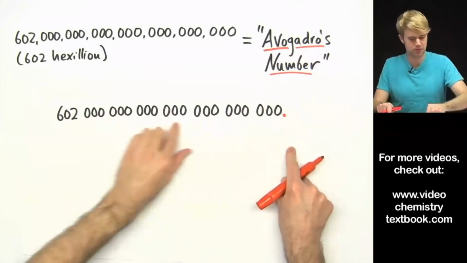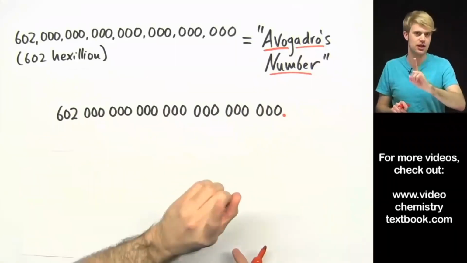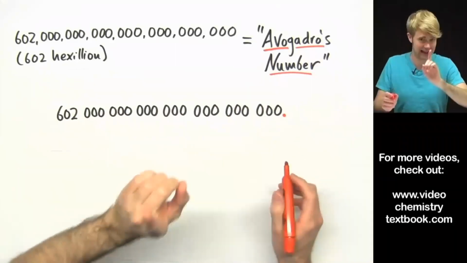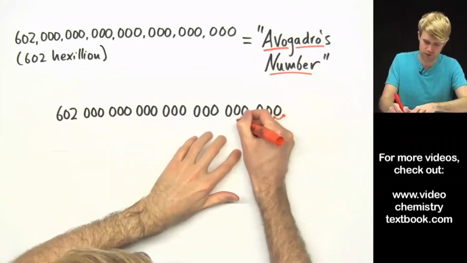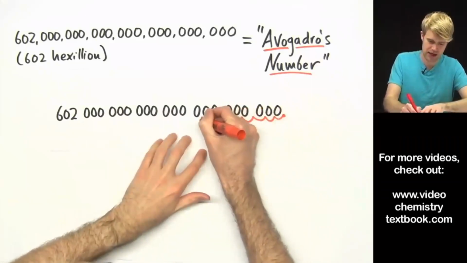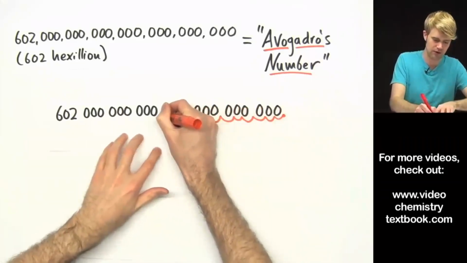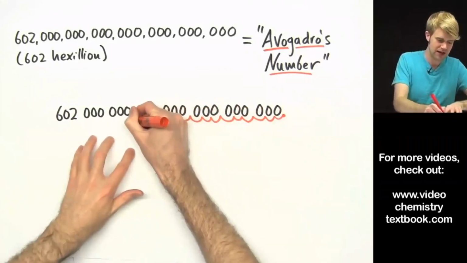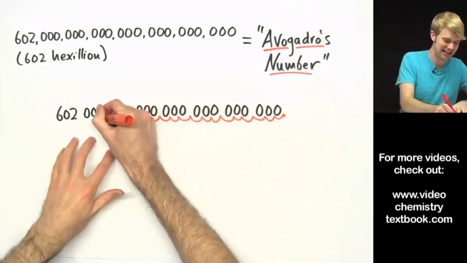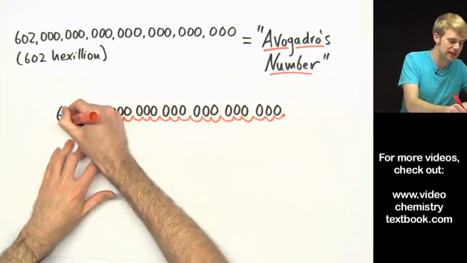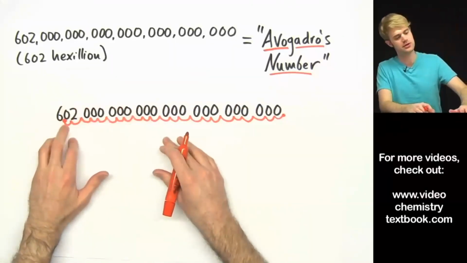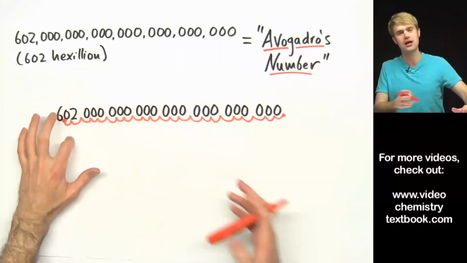And now I move the decimal place until I have just one digit to the left of it. Okay, I count the number of spots. So here's 1, 2, 3, 4, 5, 6, 7, 8, 9, 10, 11, 12, 13, 14, 15, 16, 17, 18, 19, 20, 21, 22, 23. And now this is my new spot because there is a 6, just one digit to the left of it.